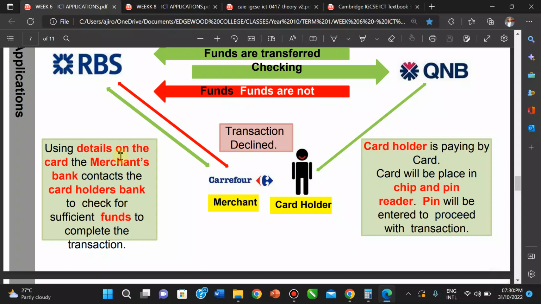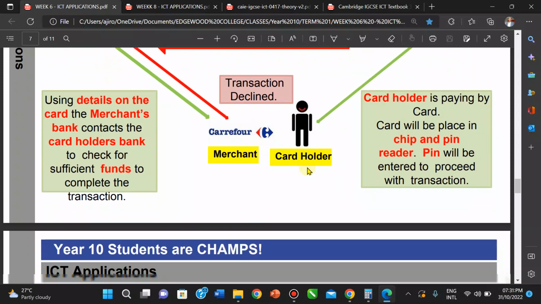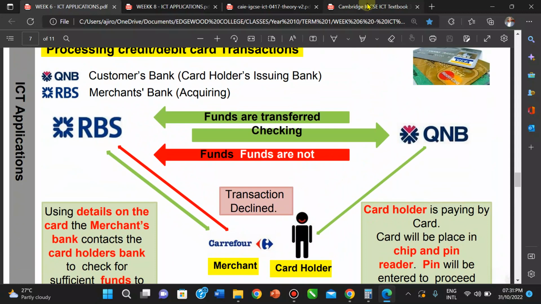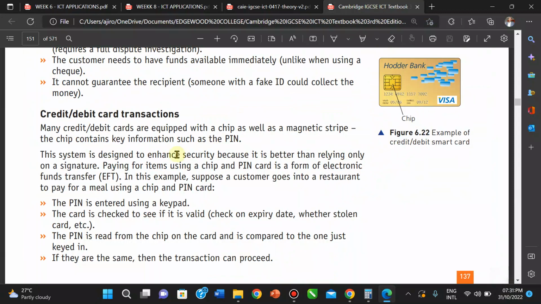If the transaction is not completed and there's a decline, they call the bank to know what happened. This person paid with the card, but the card was not credited, and then we can iron out why the Qatar National Bank, after making the transfer, did not transfer the funds to the Royal Bank of Scotland. So that is just the process in which it goes through.